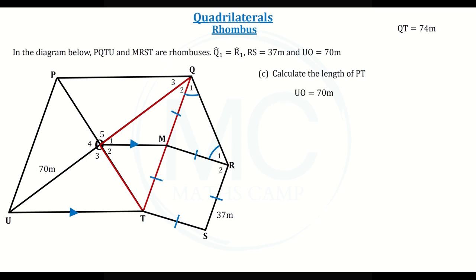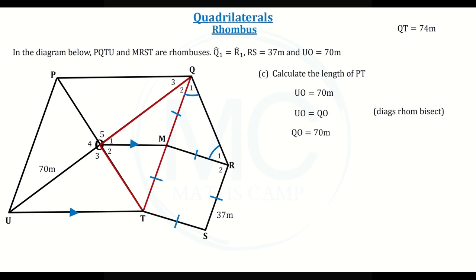We also know that UO is equal to OQ because the diagonals of a rhombus bisect each other. From this, we can see that if UO is 70 meters long and QO is equal to UO, then QO must also be 70 meters long.